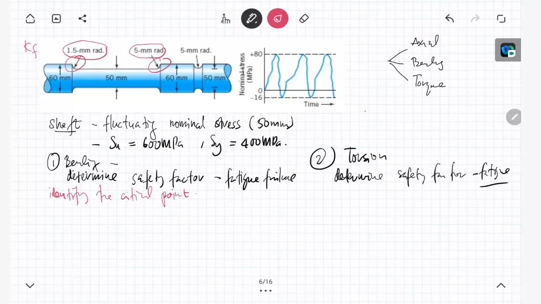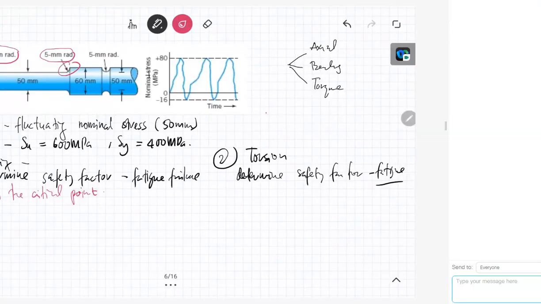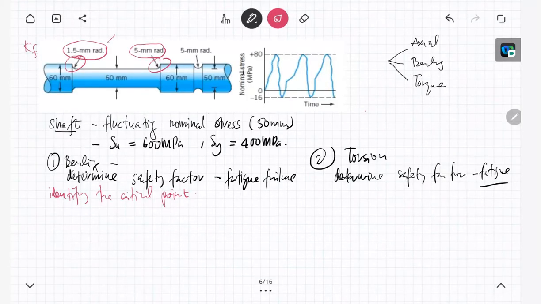The bigger or the smaller one? The smaller one. From the values we could just look, or we could prove it, but we just choose one. This is the critical one, so we choose this fillet radius to calculate the Kf.